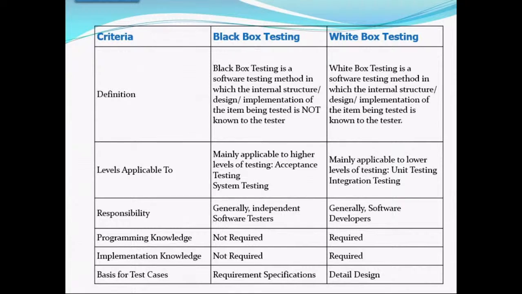Suppose you want to become an automation tester, or you want to grow yourself further, then coding is required. Java is required, and that too core Java, not everything. Core Java means basics: what is a class, what is a method, what is inheritance, what is polymorphism, the basic ones. So if you want to go for purely manual, any coding knowledge is not required. Implementation is also not required.